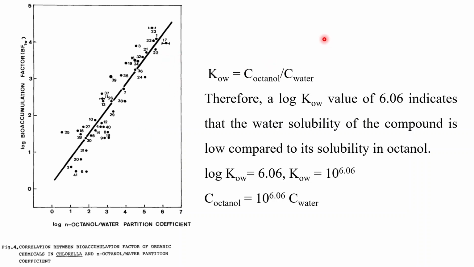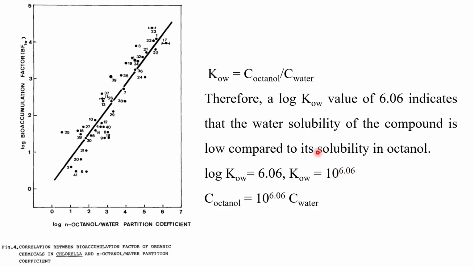So if you see here, KOW is nothing but the octanol water partition coefficient. It is given as the concentration of the compound in octanol divided by the concentration of the compound in water. Now, log of KOW is given as 6.06. That means KOW is equal to 10 raised to the power of 6.06.